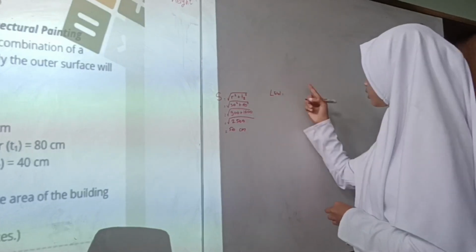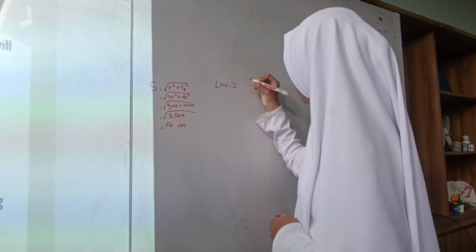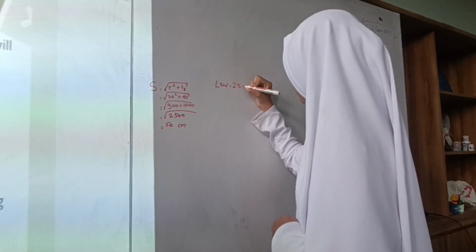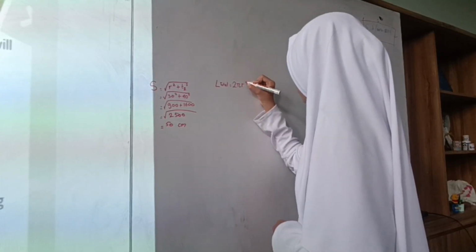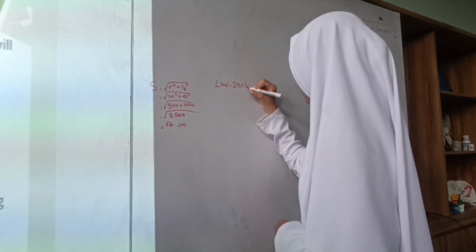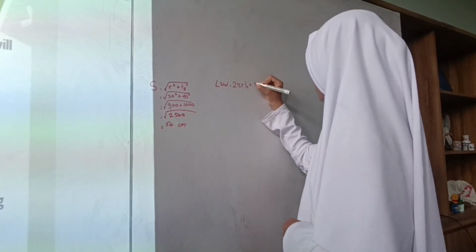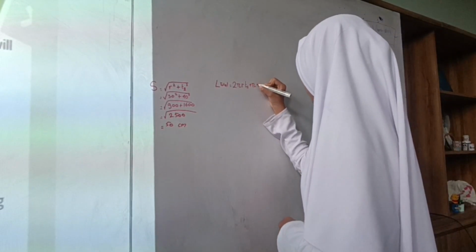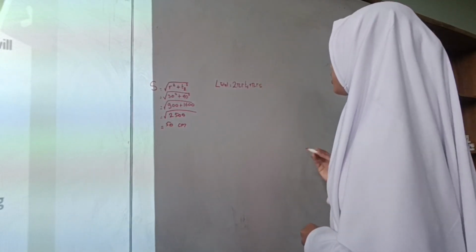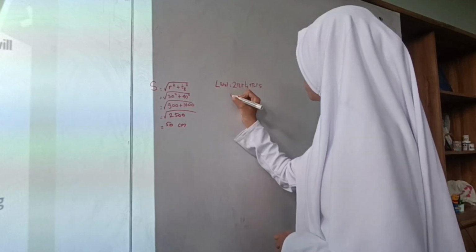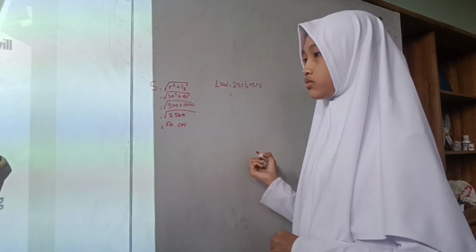So the formula of the total area is 2 pi times the radius times the first height, plus pi times the radius and slant height. So the T1 is 70.